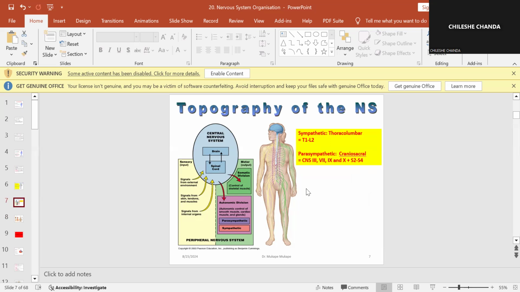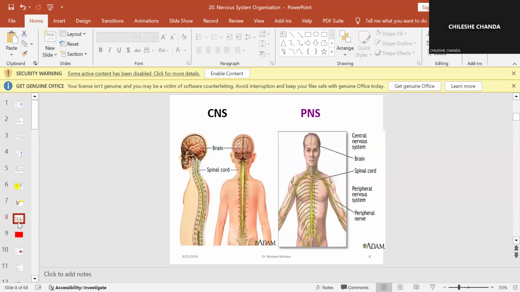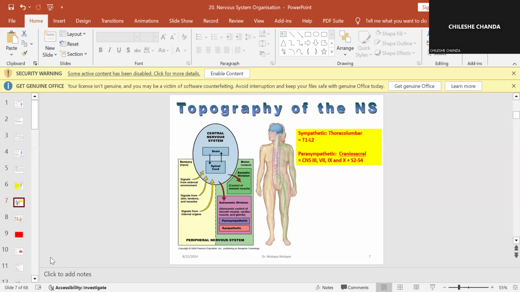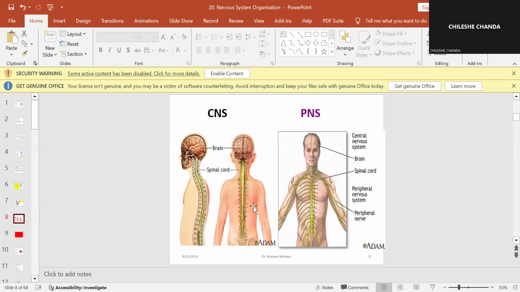Okay, so now these nerves, we have the sympathetic nervous system, which comes from T1 to L2. From T1 to L2, this is the only place that you are going to find the sympathetic nerves coming out, okay?